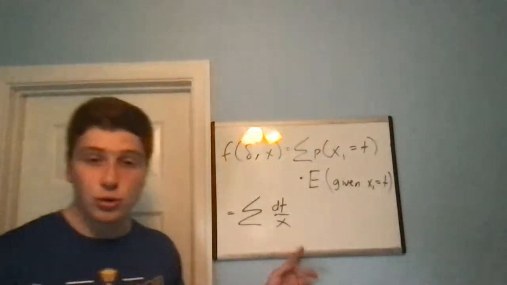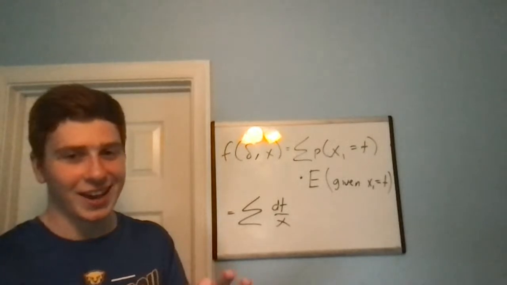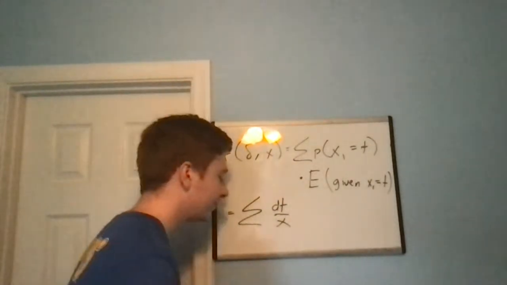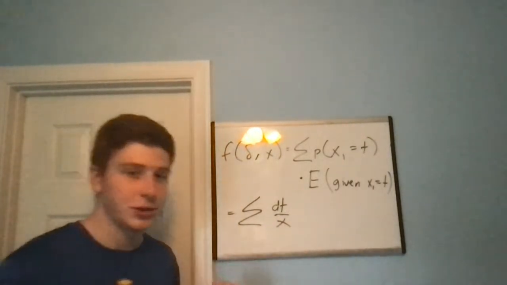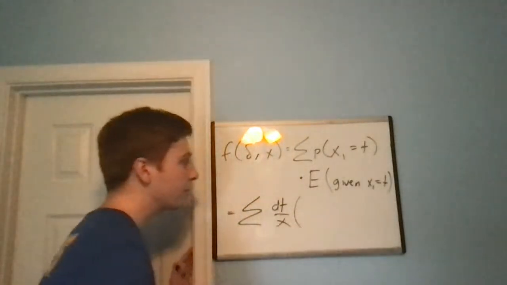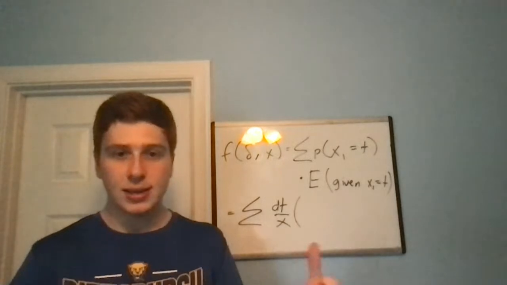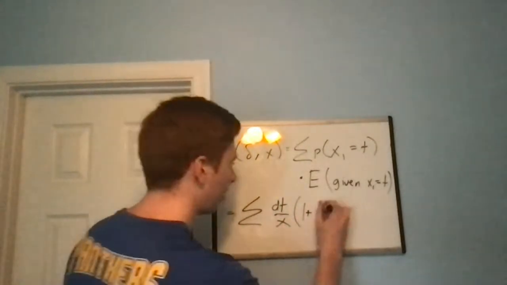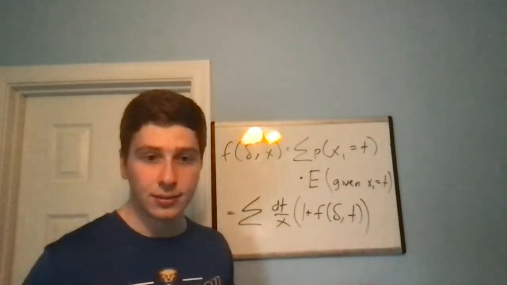We don't really have to do casework as much. Now the expected number of moves it'll take given x1 equals t is just f of delta comma t. It's going to be 1 plus the expected number of moves it'll take given we started x naught at t.